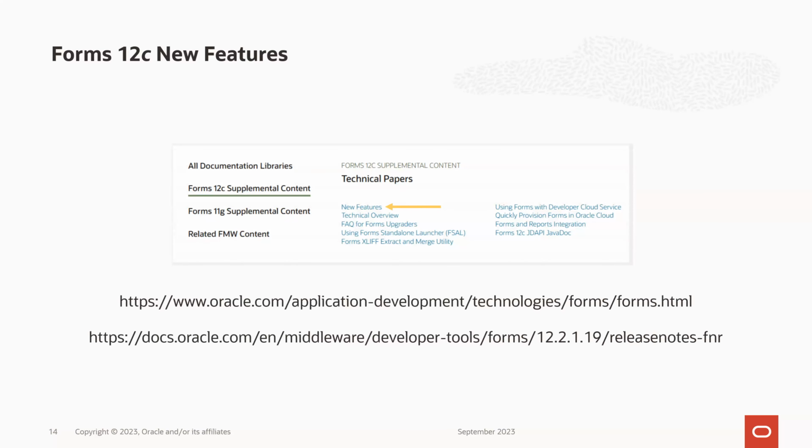So if you're interested in all the new features beginning to end, I recommend that you take a look on the Forms product page. There is a new features document that's been updated over the years to be a completely cumulative list of all the new features. It is approximately a 40-page document of new features. And bear in mind that even after 40 pages, it still does not include all the updates that we made.